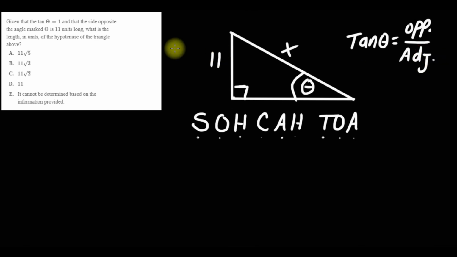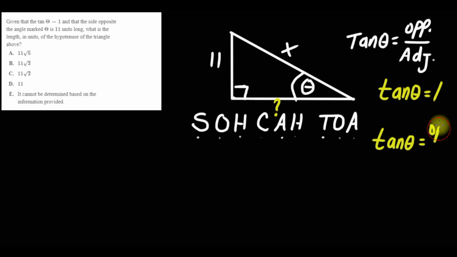Okay, so what it's telling us right here is that tangent theta is given to us as 1. So to get 1, what do we need for this side right here? Okay, tangent is opposite over adjacent.